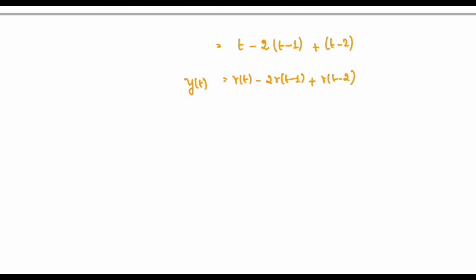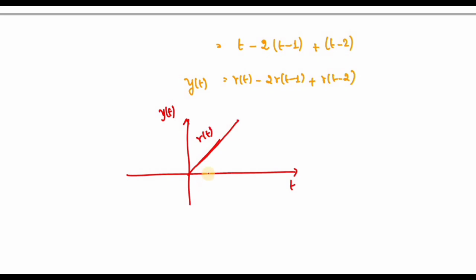So how to draw this one? So this is y of t. This is nothing but r of t, and minus 2 of r of t minus 1. So from 1, I am going to draw minus, right? So it has to come down, right?